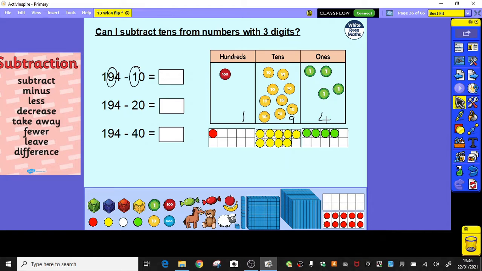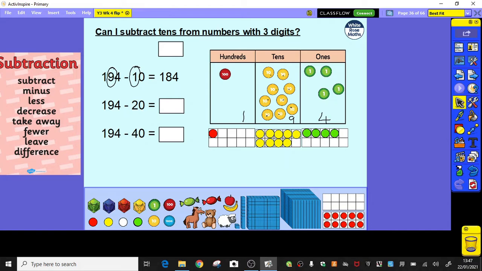And I can show that if I move one of the tens away from there, I'm left with 1, 2, 3, 4, 5, 6, 7, 8 tens. So that tells me that 194 subtract 10 gives me 184. Now let's put that one back and have a look at the next question.